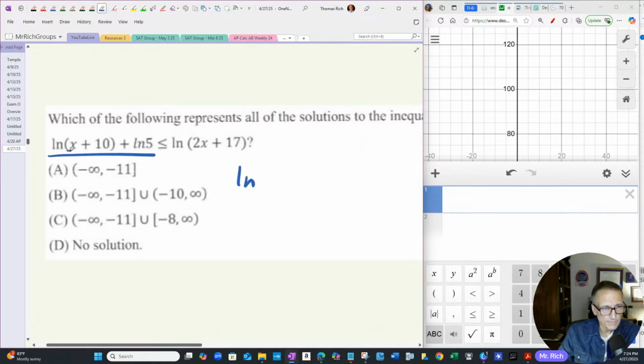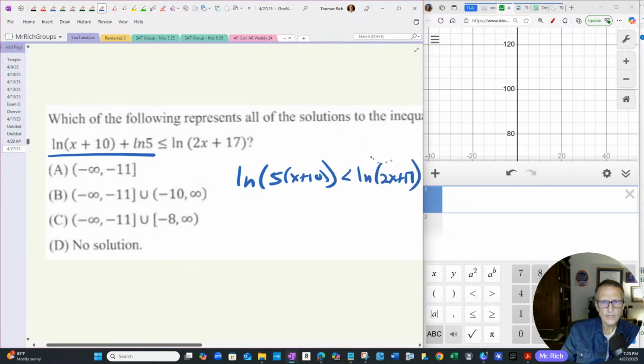So I'm going to combine by multiplication. So this will be x plus 10 times 5. So this will be the natural log of 5 times x plus 10. And then over here, this is going to be less than the natural log of 2x plus 17. Now, what I want to find out is when these two are going to intersect.